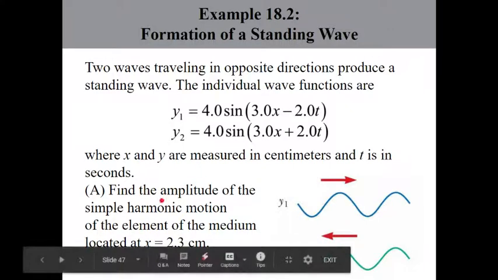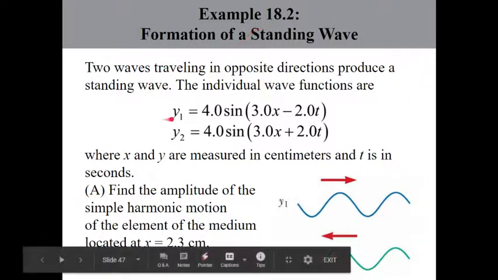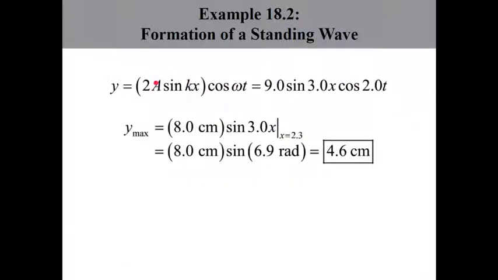Just to find the amplitude of the simple harmonic motion of the element of the medium located at x = 2.3, you can use the simple harmonic motion wave function by taking information from these two functions. The wave number carries over, the frequency carries over, and rather than just having the amplitude here, which is 4, it will now be 8. So you carry that to the standing wave formula and you plug in everything.